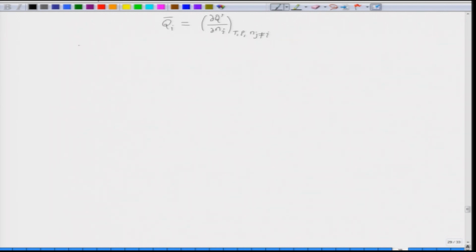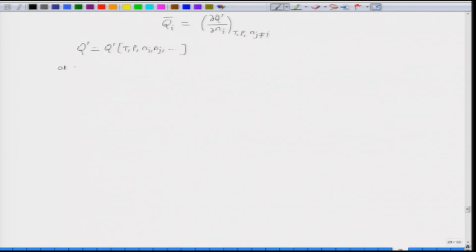So, now we know Q prime is a function of temperature, pressure and number of moles of all the species. So, let us consider an n component system, and Q prime basically is a state function, right. So, it has an exact differential.